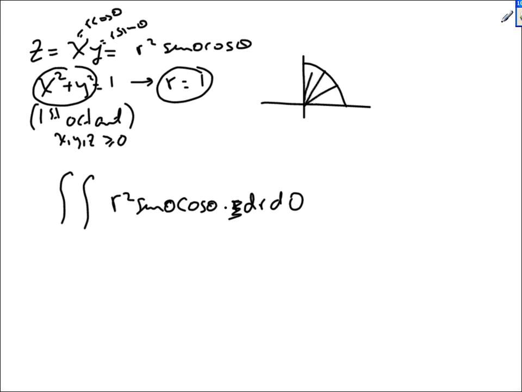So this will become r to the third. And r goes from 0 to 1, and the angle goes from 0 to pi over 2. That one is done.